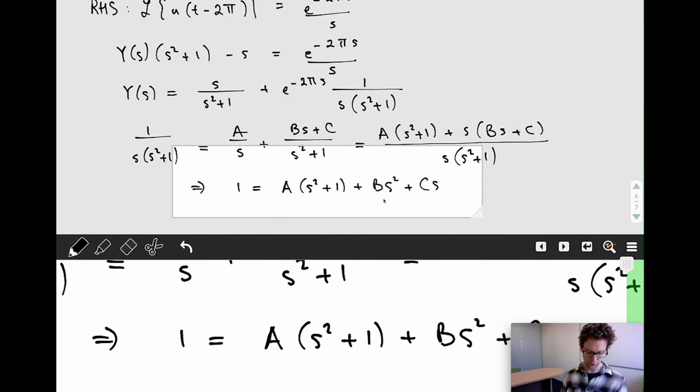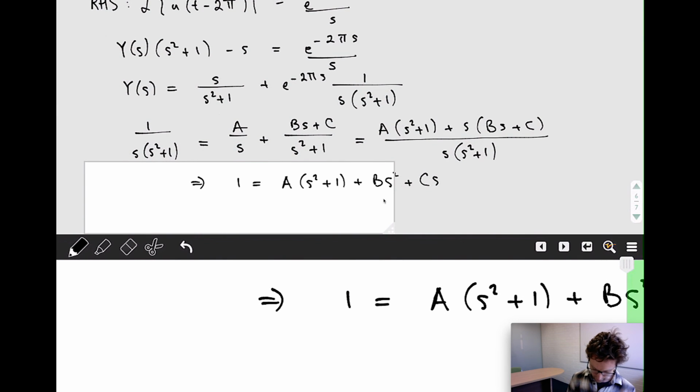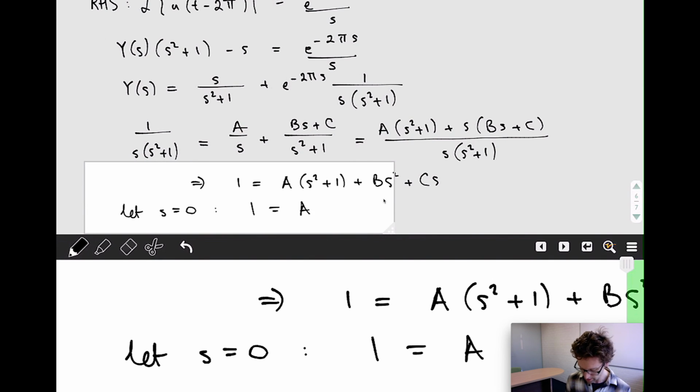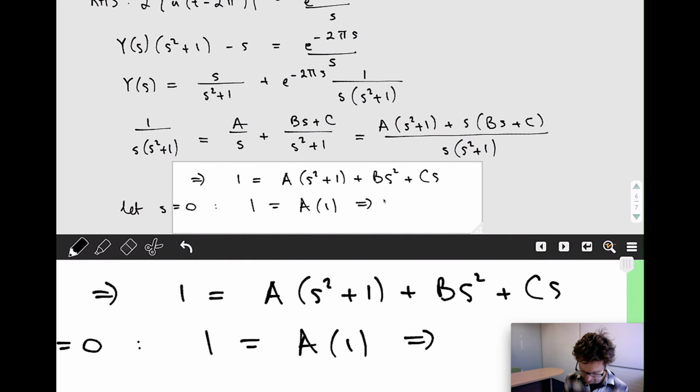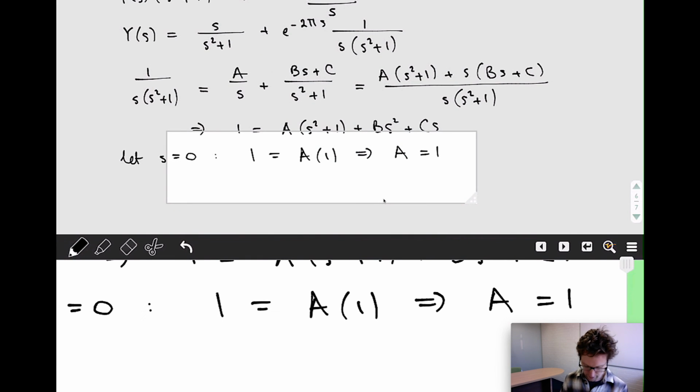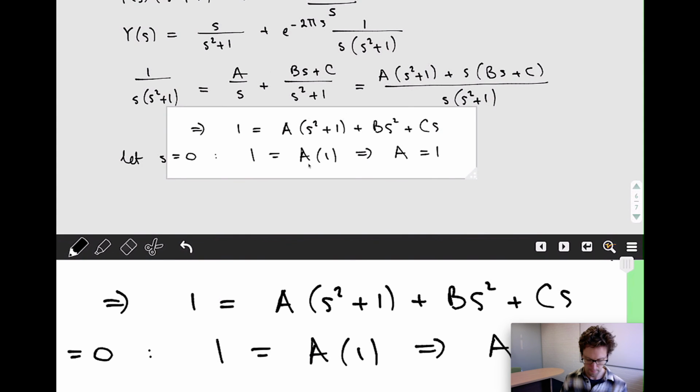So again, now I can choose convenient values for s to solve for A, B, and C. So let's let s equal 0, which gives me 1 equal to A times 1 plus 0. So that tells me that A is equal to 1. And now I'm actually in a bit of a pickle because I need to find other values of s to find B and C, but s equals 0 isn't going to work. And there's no convenient value I can plug in here to cancel that factor out.